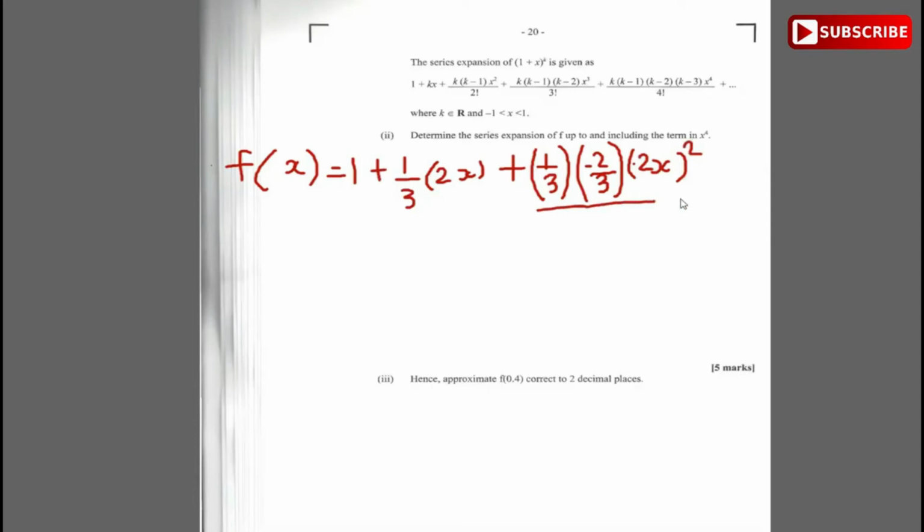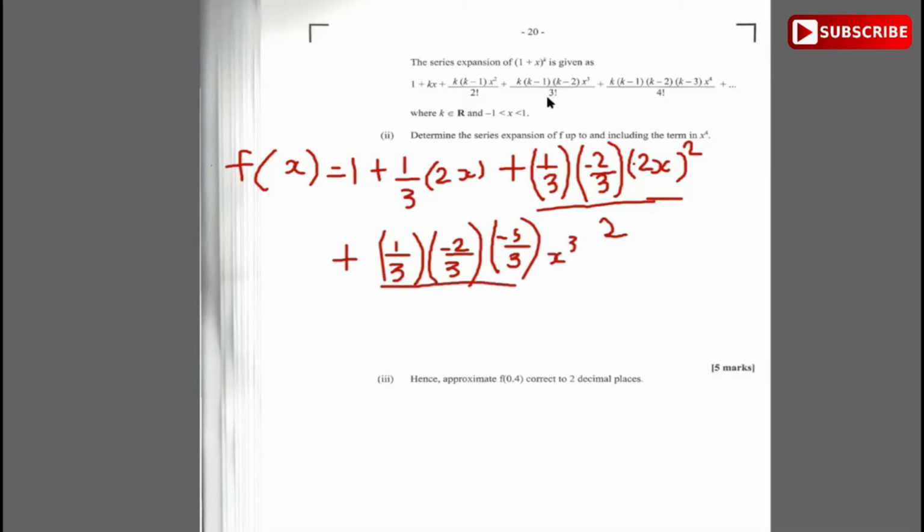2 factorial is 2. Plus k times k minus 1 times k minus 2, which is 1 over 3 times minus 2 over 3, and then minus 1 again is minus 5 over 3, times x cubed over 3 factorial, and 3 factorial is 6. My apologies, I put x cubed and this should have been 2x all cubed.